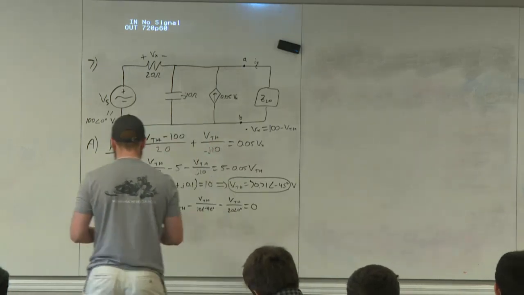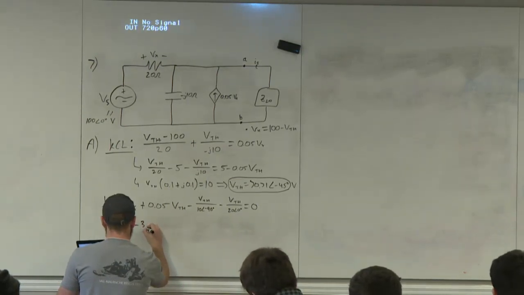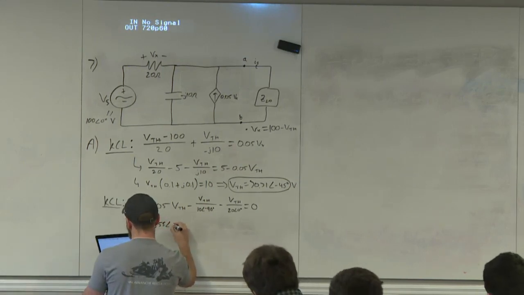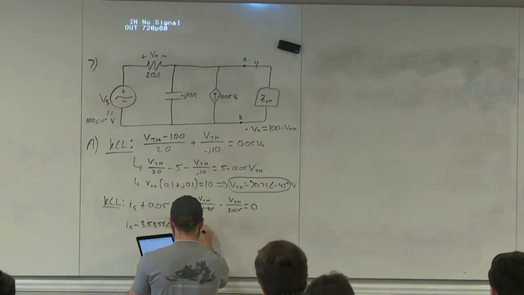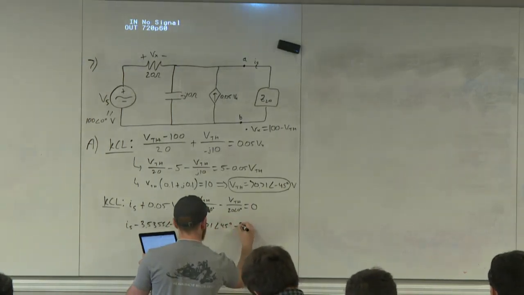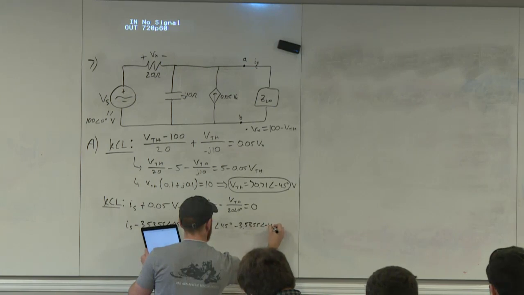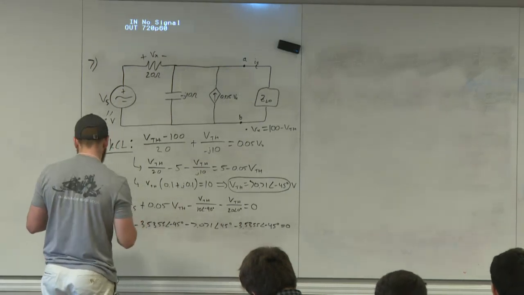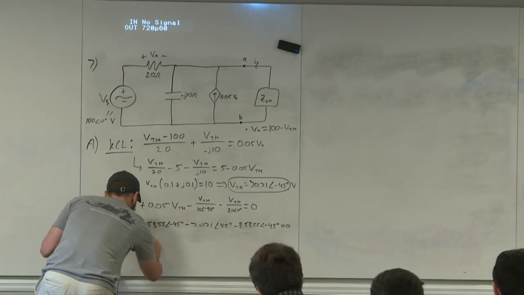But we know VTH, so we're just going to plug in. IS minus 3.5355 angle negative 45 degrees minus 3.5355 angle negative 45 degrees is equal to 0. I'm skipping ahead because I know you guys know how to do this stuff. So then we get that IS is equal to 10 angle 0 degrees.